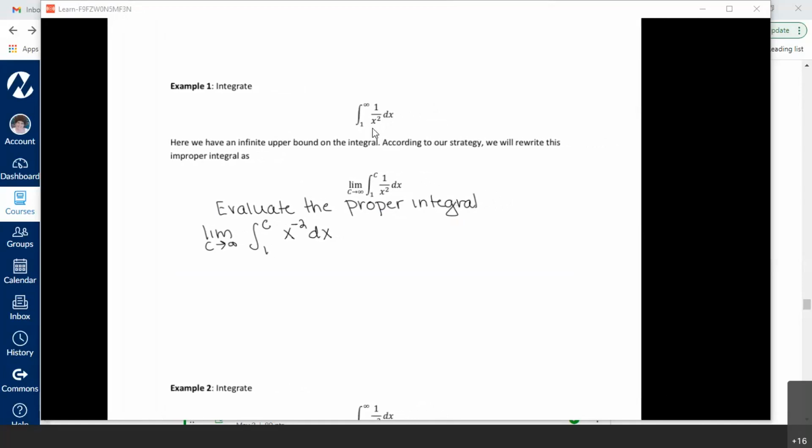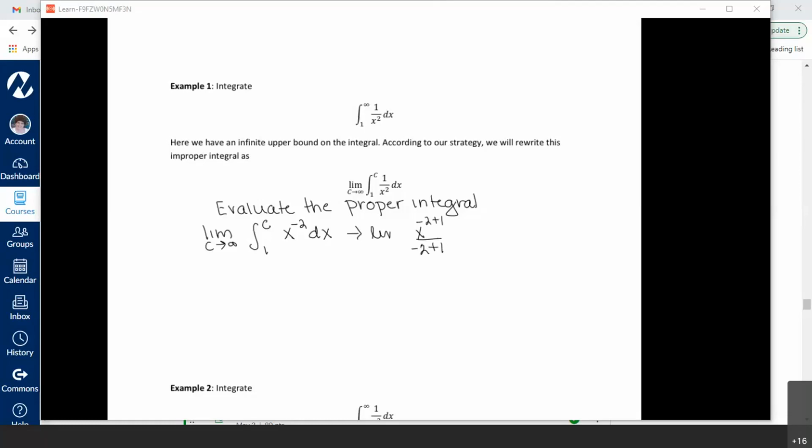I just copied my integration problem over again and rewrote 1 over x squared as x to the minus 2. Now I'm going to use the power rule on this, which says add 1 to the exponent and put that over the new exponent.